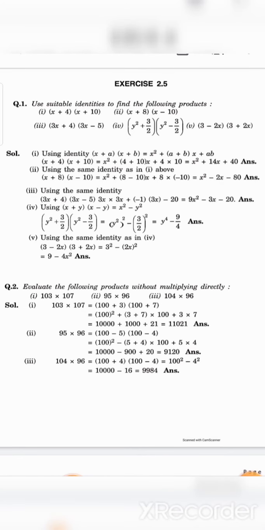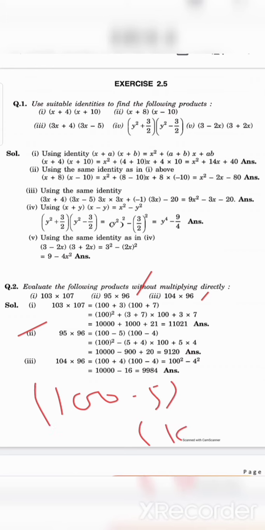Similarly, we find these two products by splitting the digits into the nearest number. So the second question in question 2 is 95 multiplied by 96. 95 is nearest to 100, and 96 also is nearest to 100, by less. So 100 minus 5 is 95 and 100 minus 4 is 96.